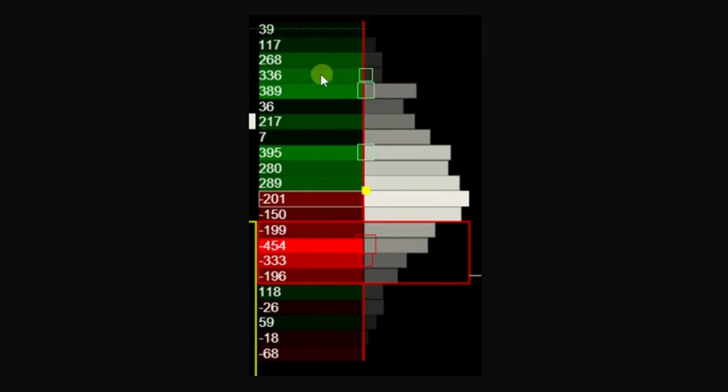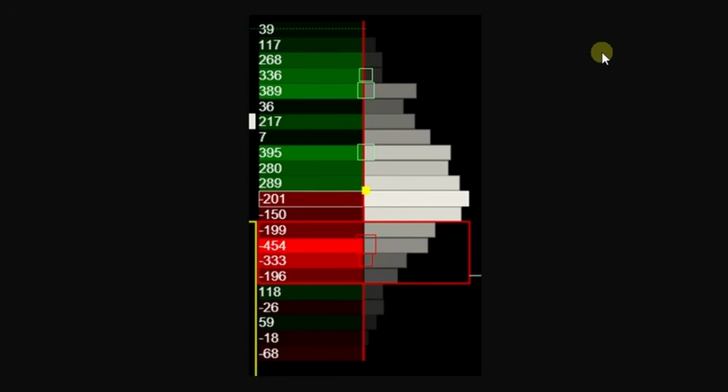So basically what we could say is, in this little cluster right here, when we have this almost 400 delta, 330, 270, there were a lot of limit sellers there for those market buyers to be buying into. But if the price was not able to protect that zone and stay above that zone, they were being absorbed or exhausted, which we'll get into here in a little bit.